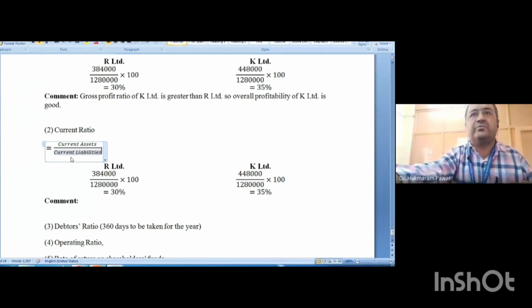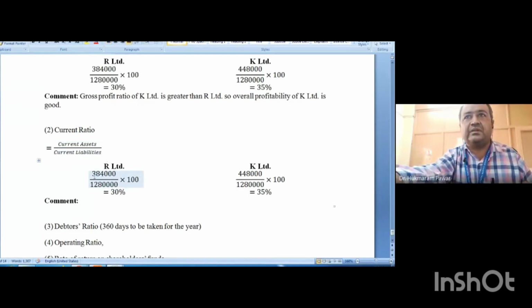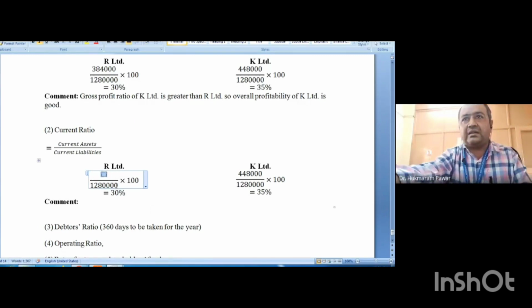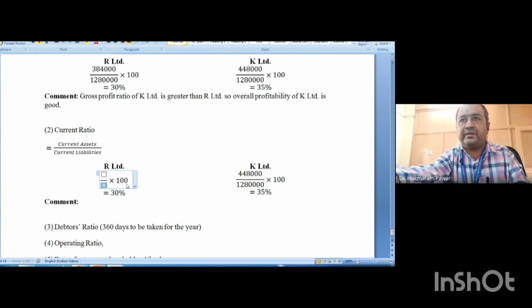This is our formula, current assets upon current liability. Okay. Now, what is the current assets of R Limited and K Limited and current liability of R Limited and K Limited, that we need to determine.